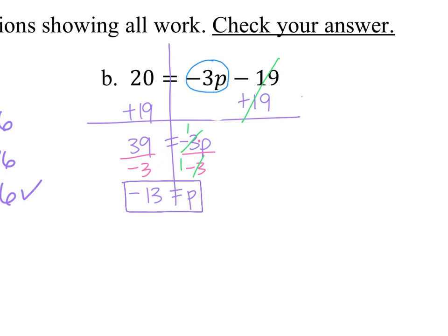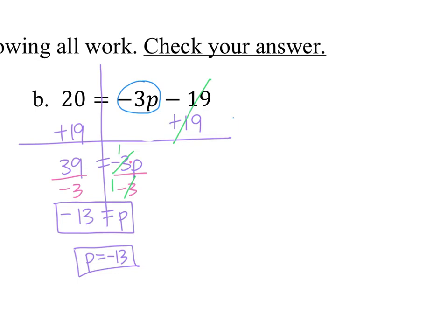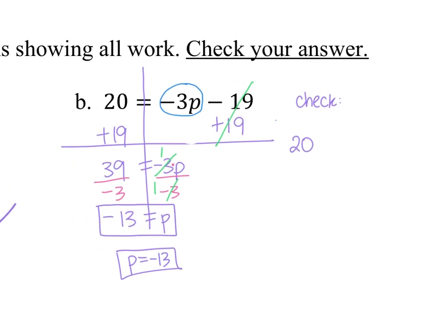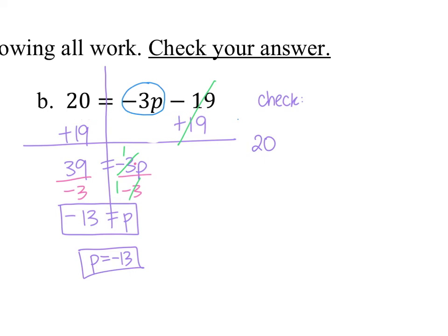So again, I like to flip mine around, but you don't have to. We need to check our answer though. So we're going to say check. Everybody's doing this with me. Check. And then we've got 20. So we're copying exactly the same equation, but we're replacing p with -13.